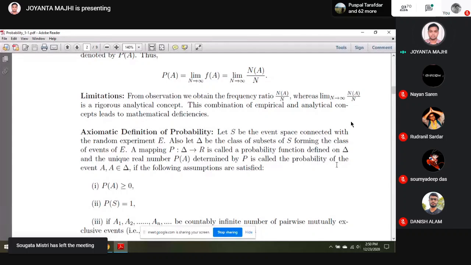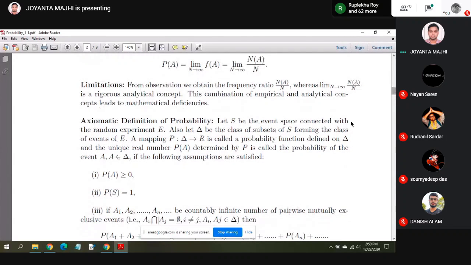P from delta to R is called a probability function if it satisfies the following three conditions. One, P of A is greater than or equal to 0, that is, non-negative.